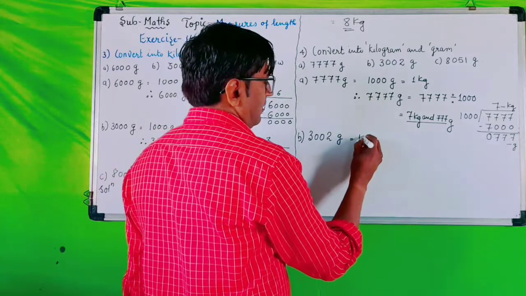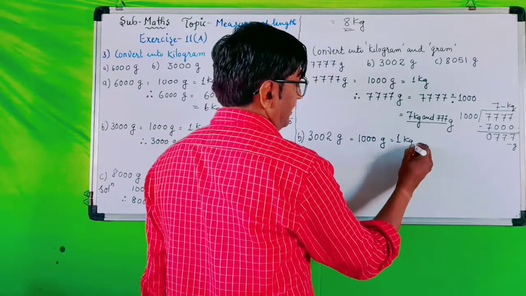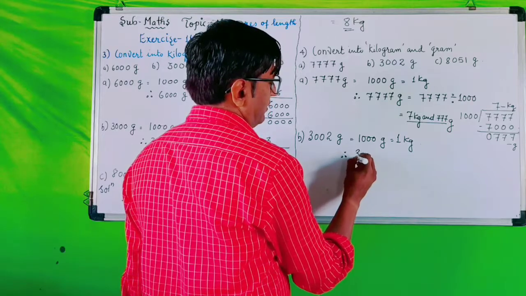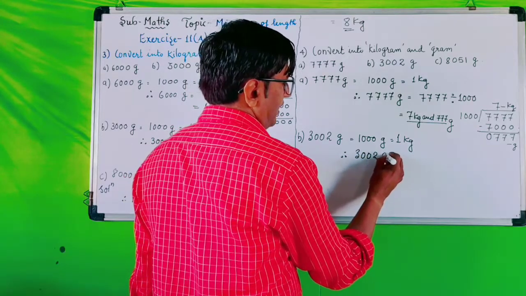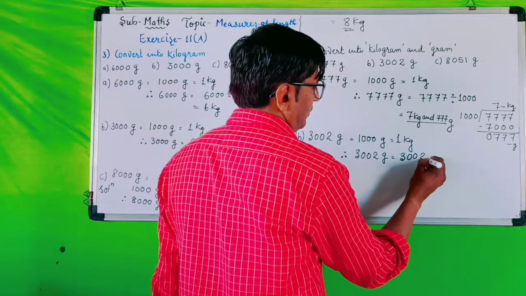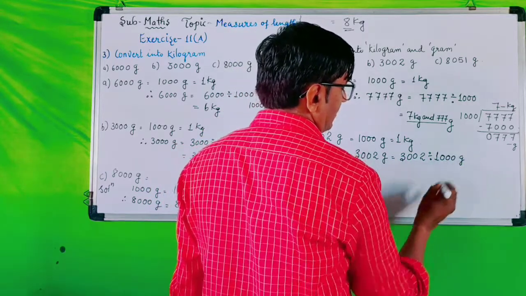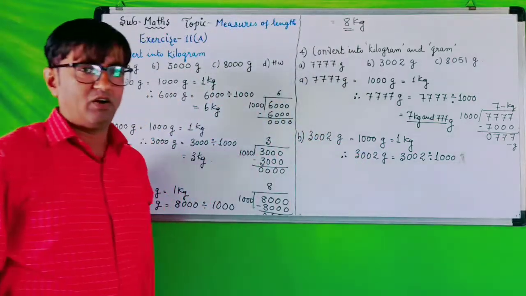B is 3,002 gram. As 1,000 gram equals 1 kg, therefore 3,002 gram equals 3,002 divided by 1,000.